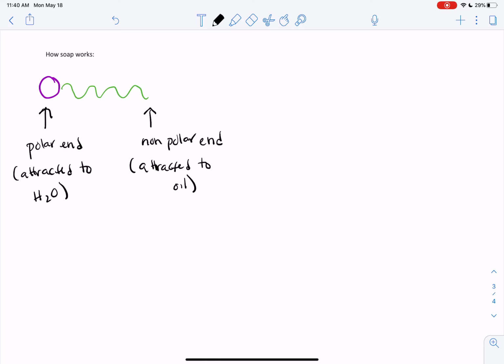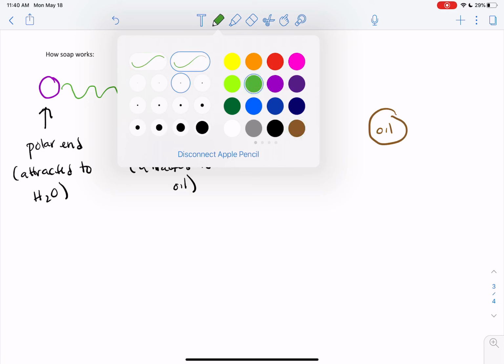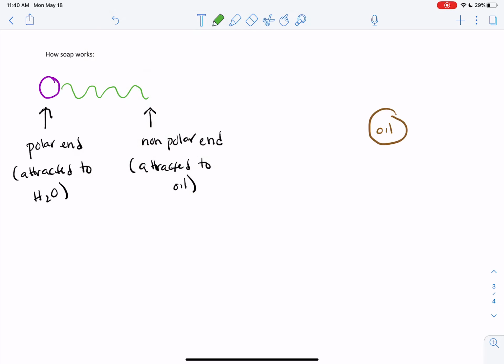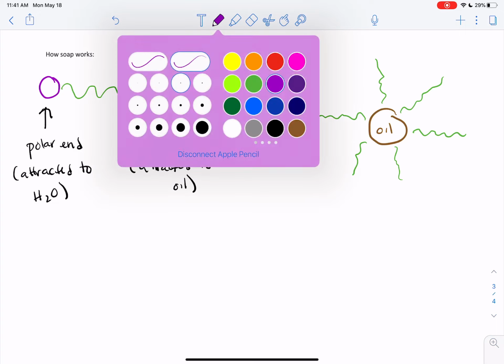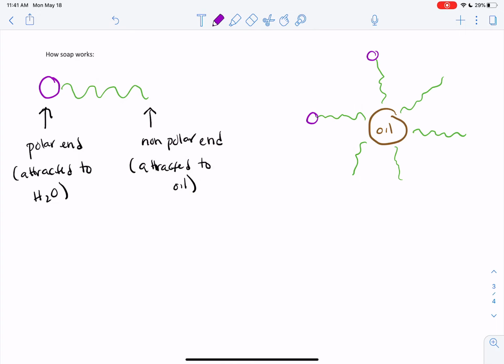Okay. So now if you're washing your hands and your hands have a whole bunch of oil on them, the non-polar end of the soap molecule is going to be attracted to that oil, and it's going to start to surround it. Meanwhile, you still have your polar end of soap, and that is attracted to the water that is surrounding it when you're washing your hands.